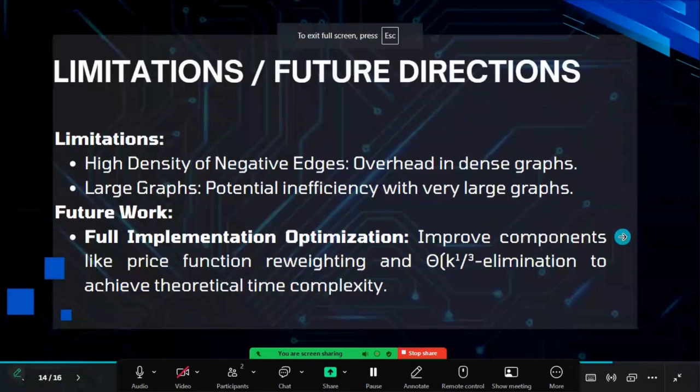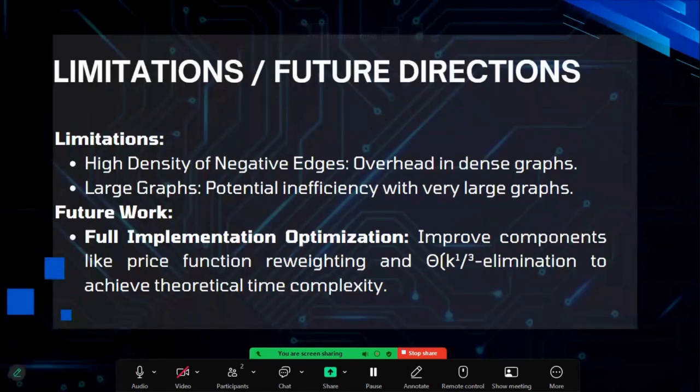For the limitation and future work, the major limitation or struggle of our algorithm is that it doesn't perform really well when there is a high density of negative edges. That particular elimination overhead causes the algorithm to fail, particularly against Bellman-Ford, and Bellman-Ford performs better in that case.